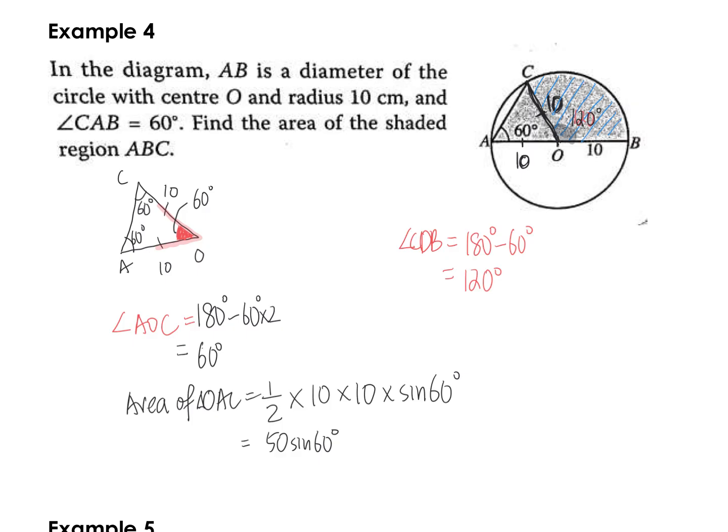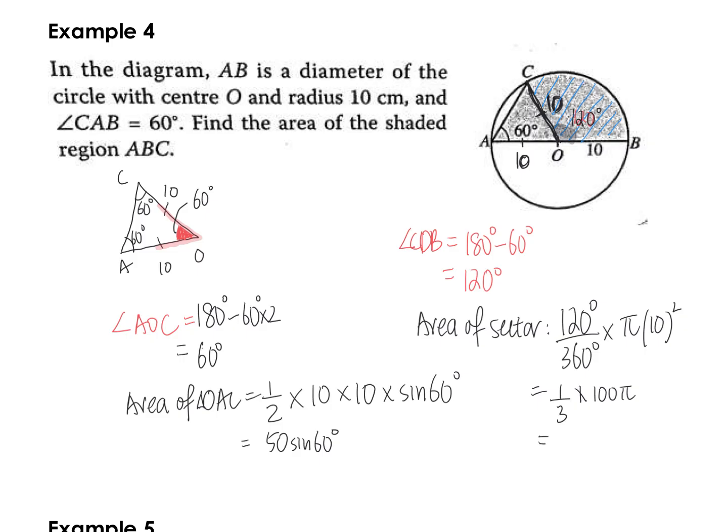Knowing this is 120, area of sector. If you want, you can leave it like that first. Then you total them up.